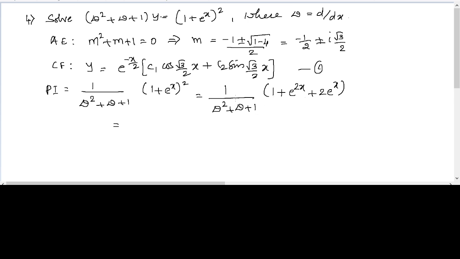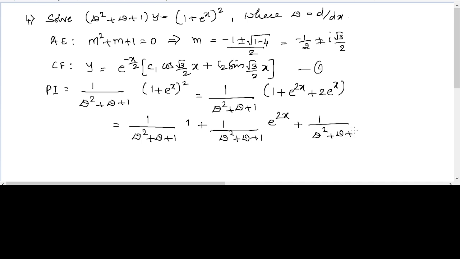Okay, for the value of 1 by f of D, let us split that. So by splitting, we get 1 upon D square plus D plus 1 of 1, plus 1 upon D square plus D plus 1 of e power 2x, plus 1 upon D square plus D plus 1 of 2 into e to the power of x. Okay.